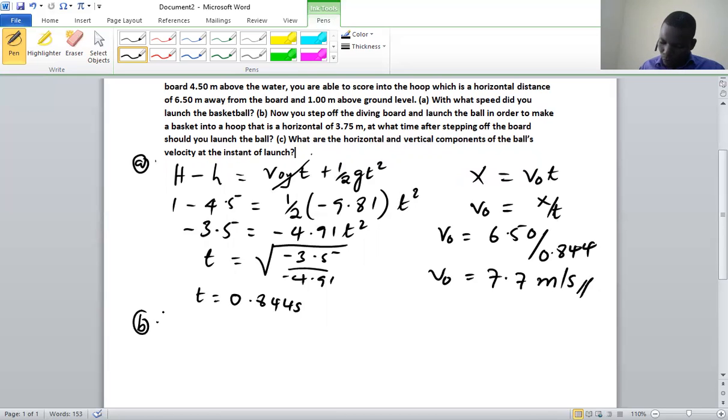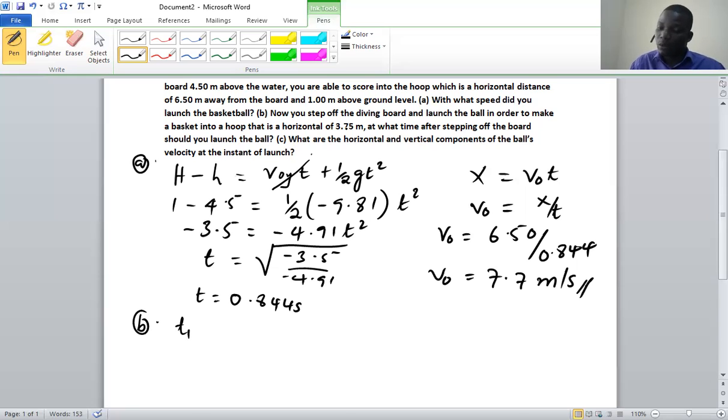Now we have to calculate the time. Let me call it T1. We need to calculate T1, the time it takes for the ball to travel a horizontal distance of 3.75 meters and make a basket into a hoop at this distance.